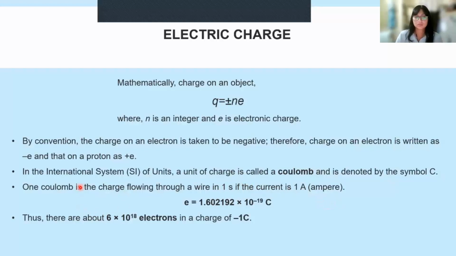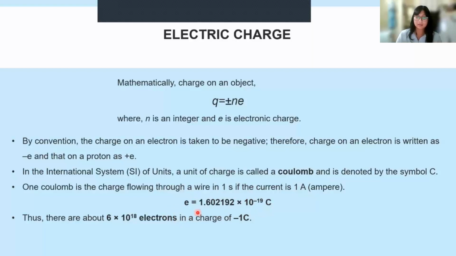So 1 Coulomb of charge is said to be flowing through a wire in 1 second if the current passing through that wire is 1 ampere. This value e is the basic unit of charge.